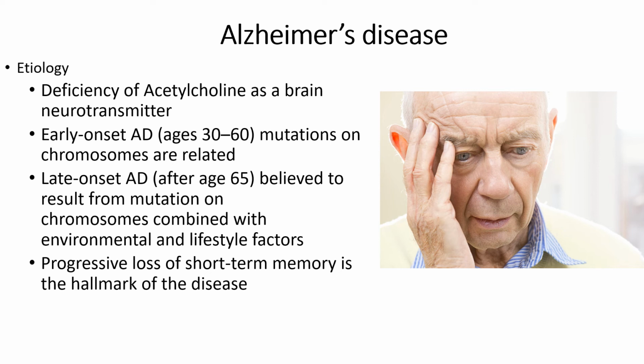Early onset would definitely be considered early, between the ages of 30 to 60, since most people that develop this disease are typically over the age of 65. So the typical onset for Alzheimer's disease, we feel likely has a genetic component plus some kind of environmental component.